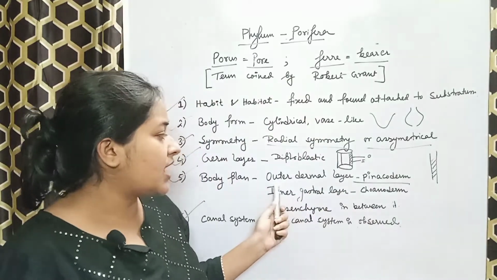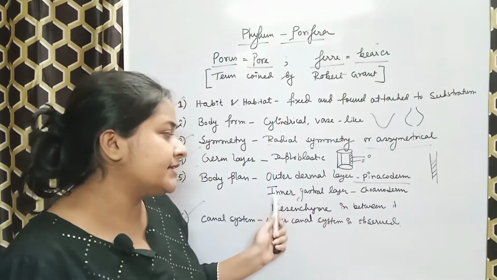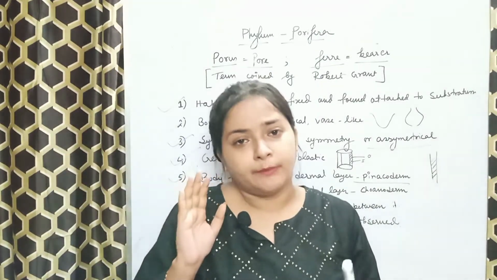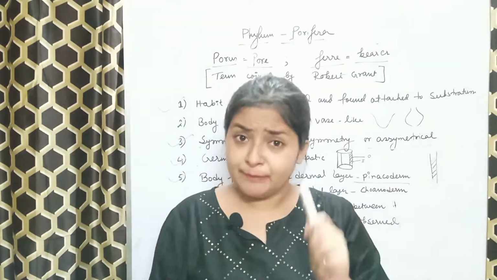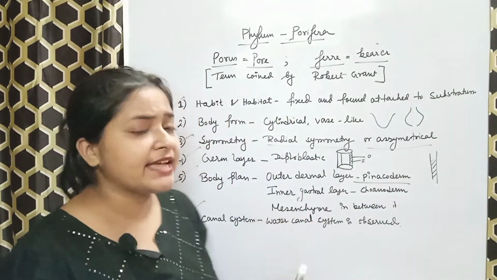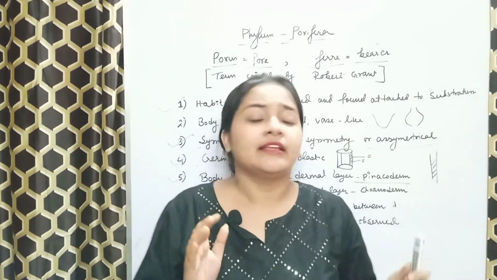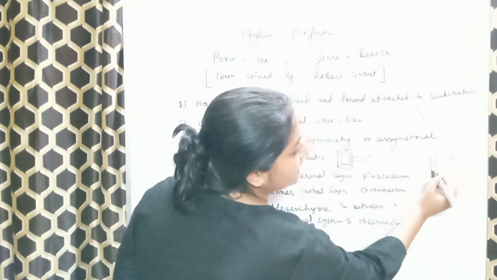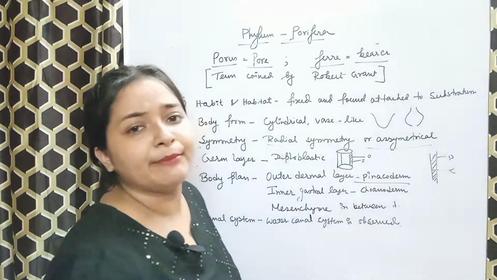There is no middle layer present between pinacoderm and choanoderm, but there are mesenchymal cells present between them. If I consider this one the pinacodermal layer, this one the choanodermal layer, then these middle cells are mesenchymal cells.